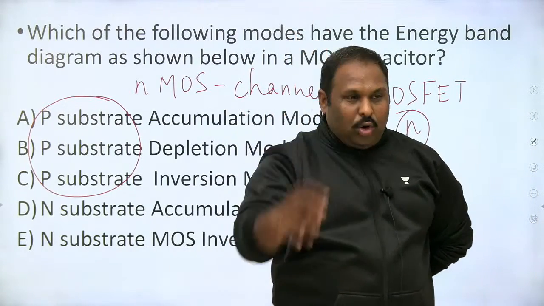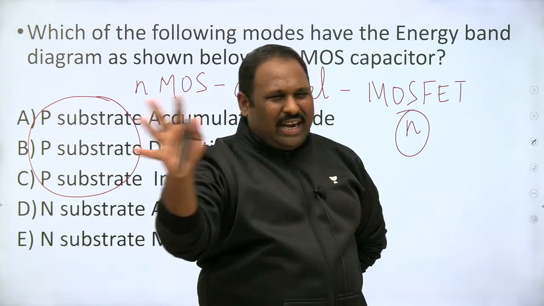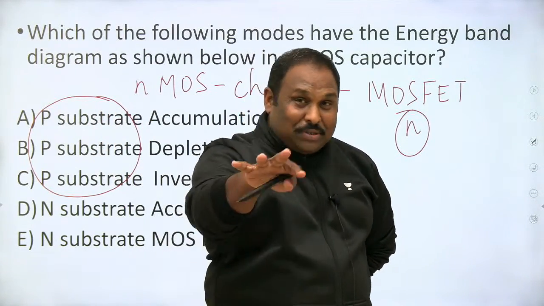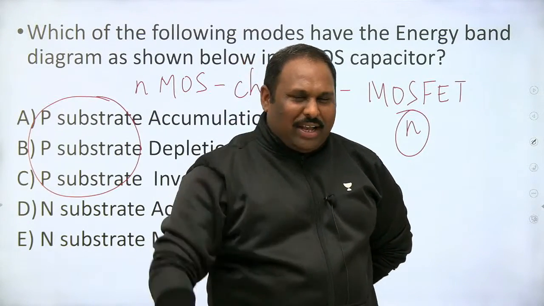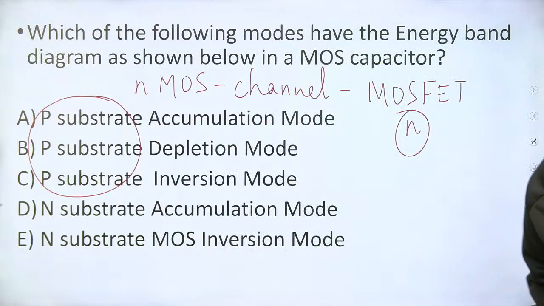This is one confusion that always comes. Even in my Super 30 test series, there is one slight confusion in that aspect only. Whether I ask substrate or whether I ask the MOS name. Many students have asked me that, so I am clarifying it. Let's make it very clear, students.